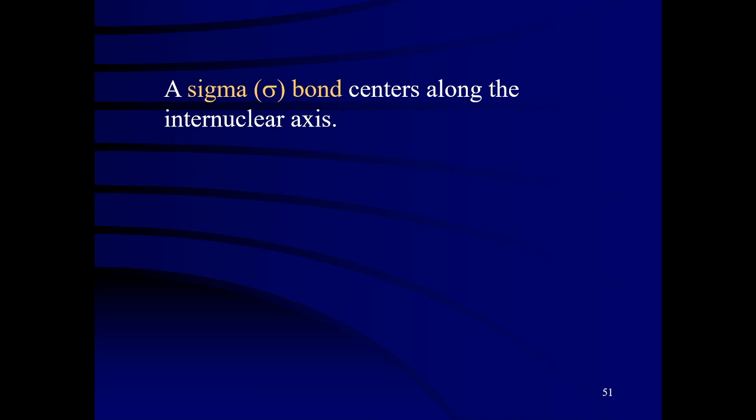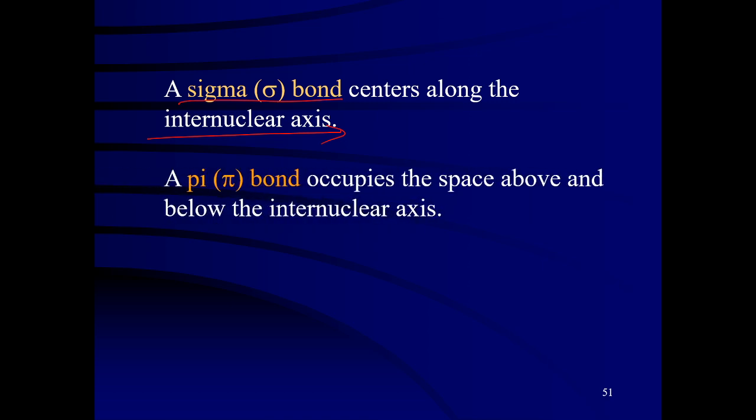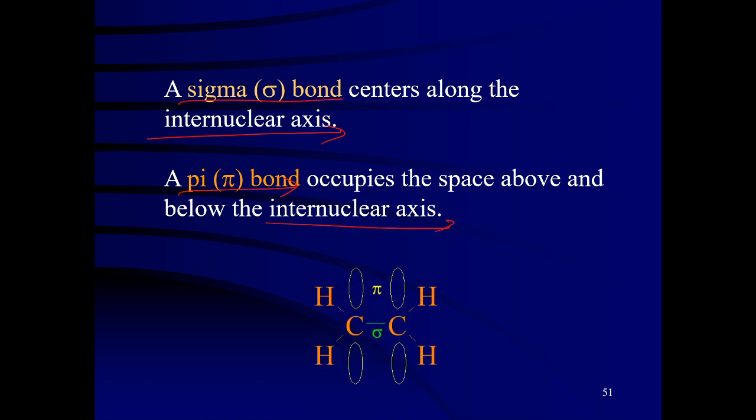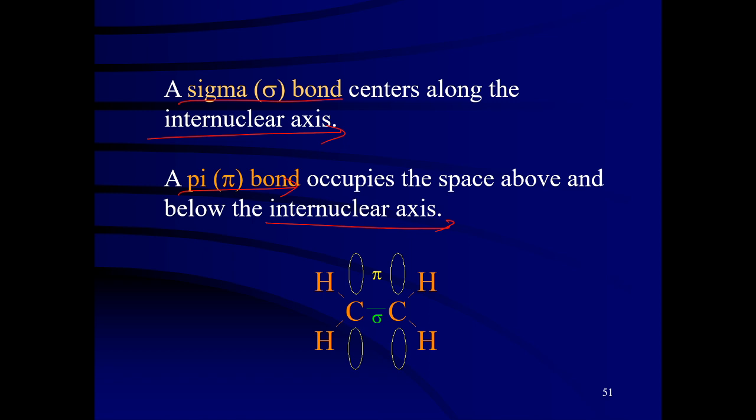Okay, we've defined already what a sigma bond is. A sigma bond will take place along the axis in the head-to-head fashion, and a pi bond takes place below the internuclear axis in the side-to-side fashion. So sigma will be head to head, and the pi will be side to side.